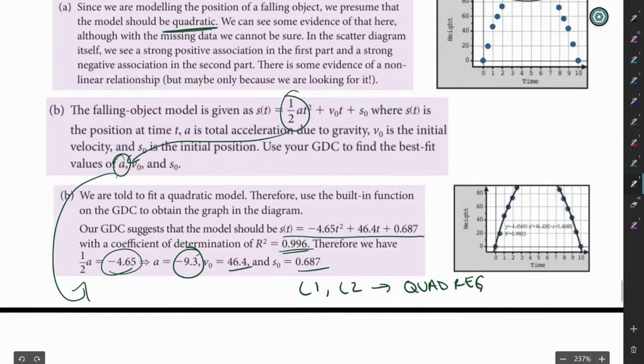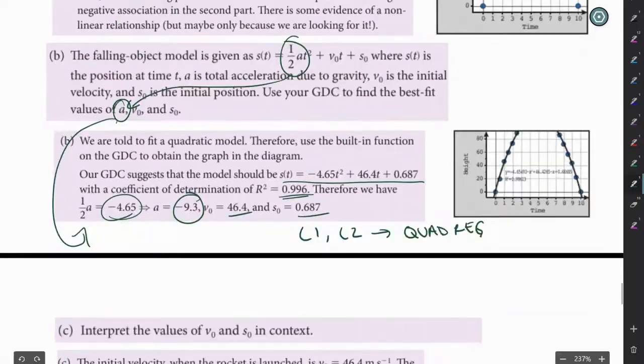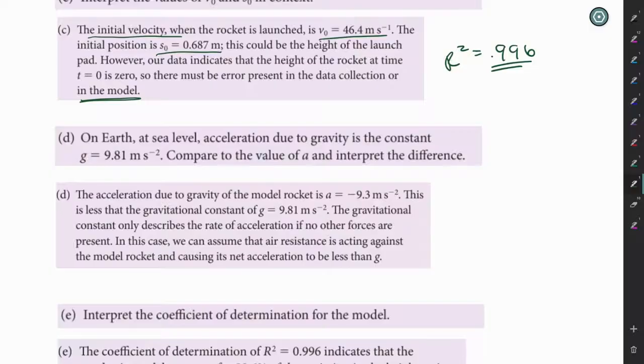We don't know which one. Because if we look, our time and height are modeled as 0, 0. On Earth, at sea level, acceleration due to gravity is the constant g equals negative 9.81 meters per second squared. Compare to the value of a and interpret the difference.